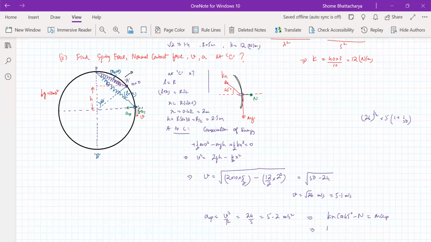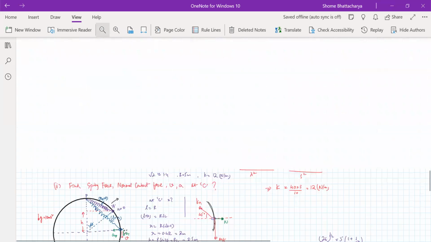So kx is 12 into 2 minus N should be equal to 2 into 5.2, and I will take root 2 as 1.4, so I'll take 1 by root 2 as 0.7 using the same approximation.